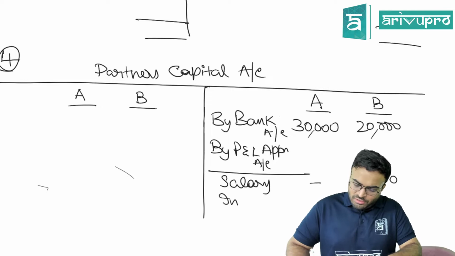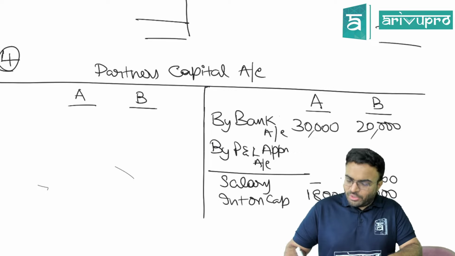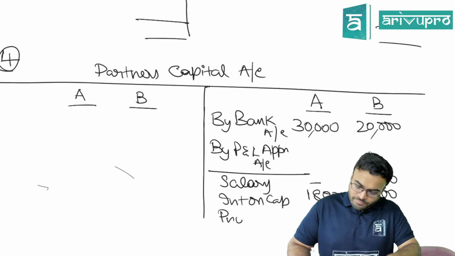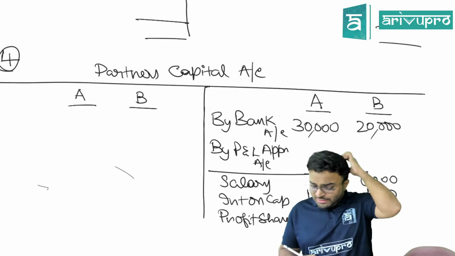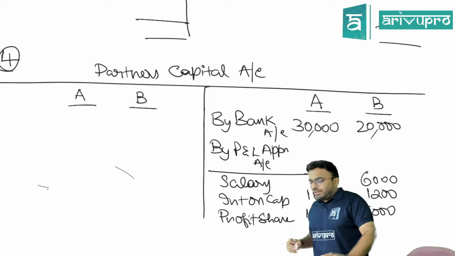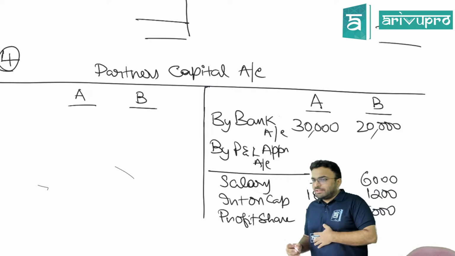Then interest on capital, 1,800 and 1,200. Then profit share, 10,000 and 6,000. Why are we writing like this? Actually, the entry is P&L appropriation to partners capital. That's why the heading is by P&L appropriation. Under that, we are just giving the description of all the things.